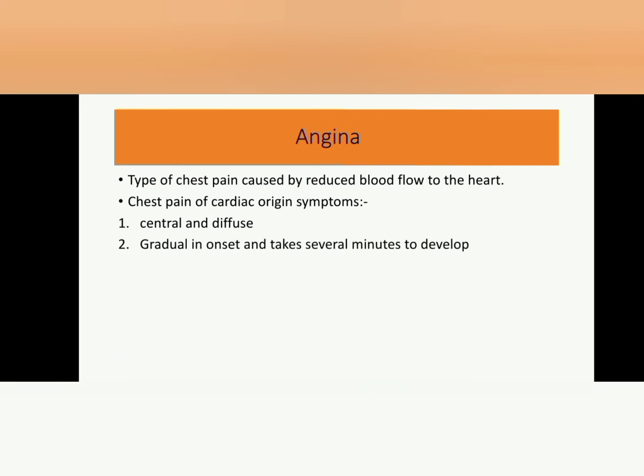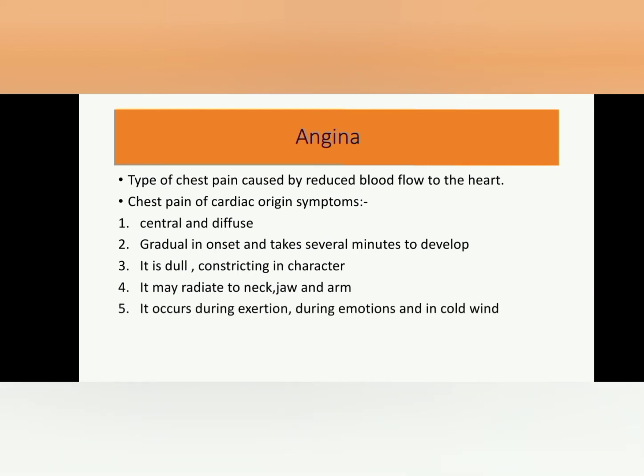It is gradual in onset and takes several minutes to develop. It is dull, constricting in character. It may radiate to the neck, jaw, and arm. It occurs during exertion, during emotions, and in cold wind.